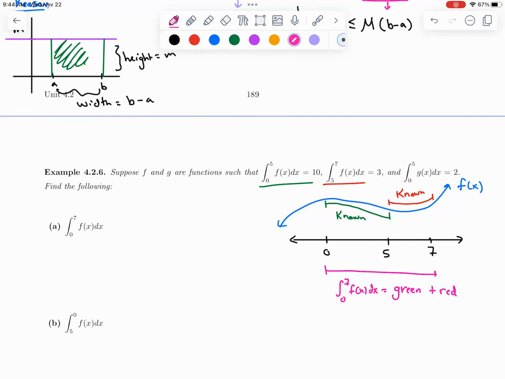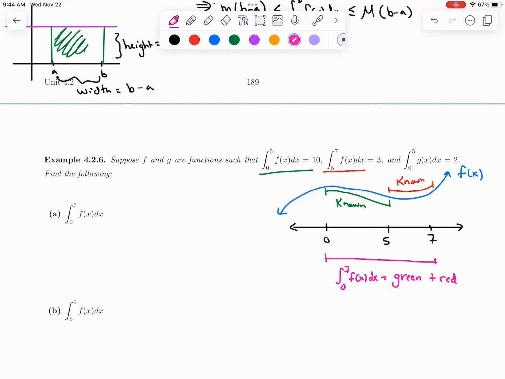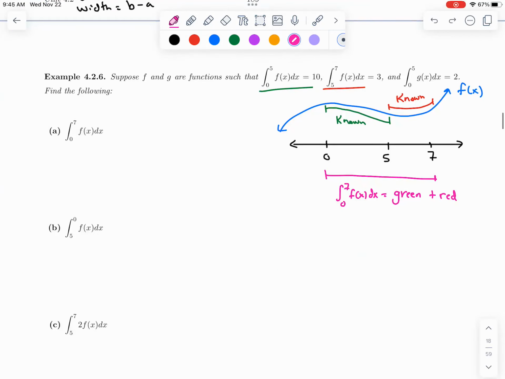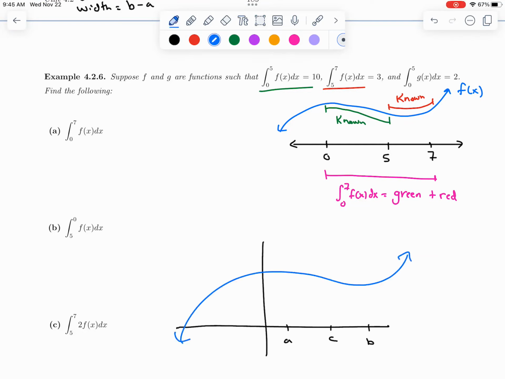I didn't draw a picture for the other one, the reason why this works. I think that might help us understand a little bit. If I just draw a generic calculus graph, here's A, here's B, and here's C. Here's my function, right? The integral from A to B is this whole thing.